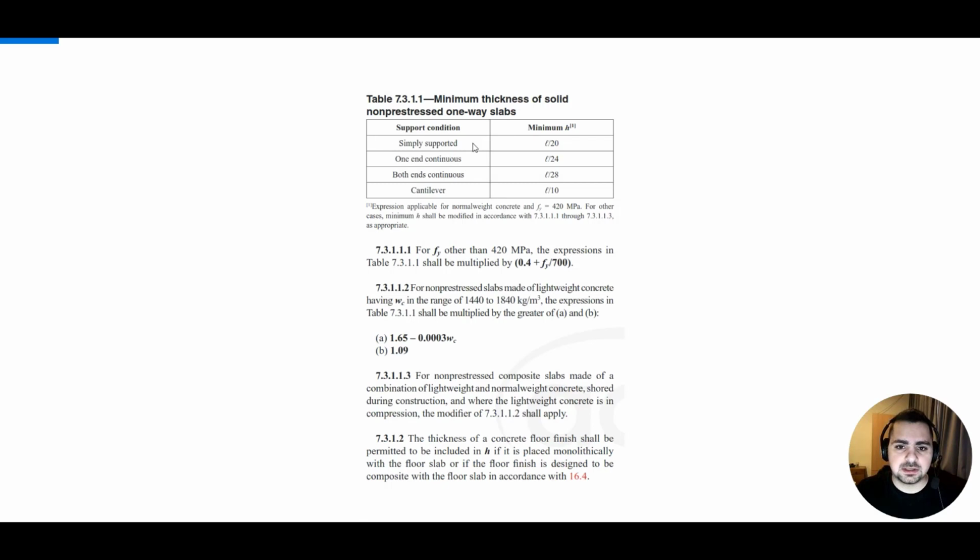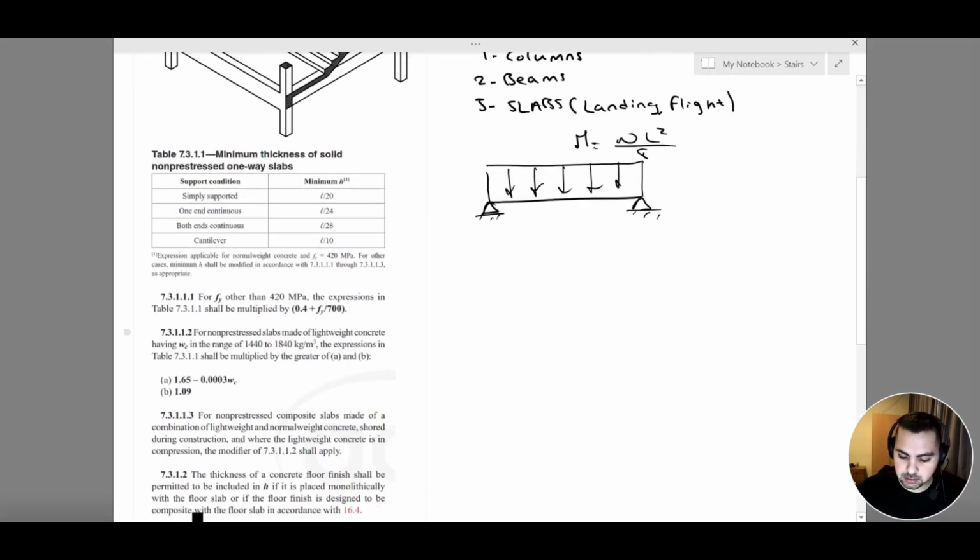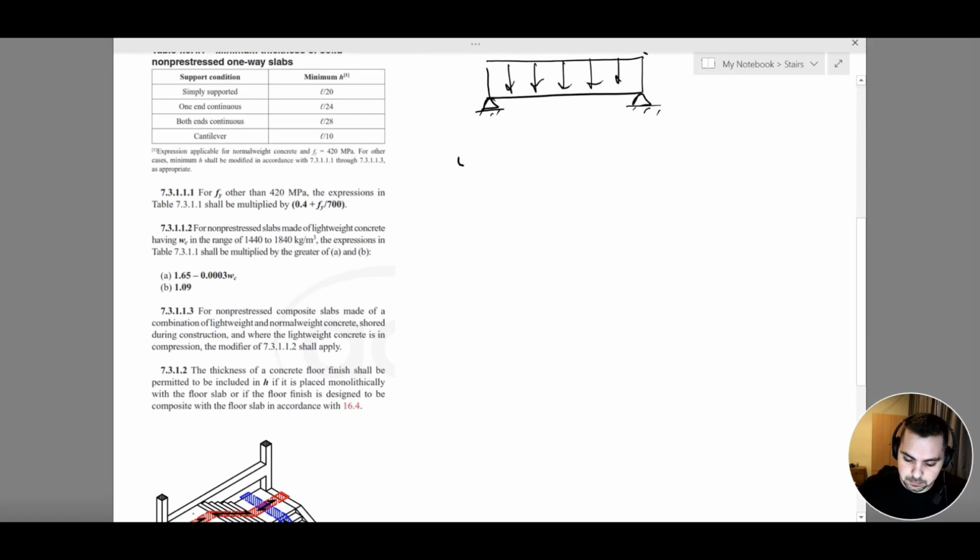So we are going to take our slab as a simply supported slab. To find my thickness, my thickness is going to be L over 20.